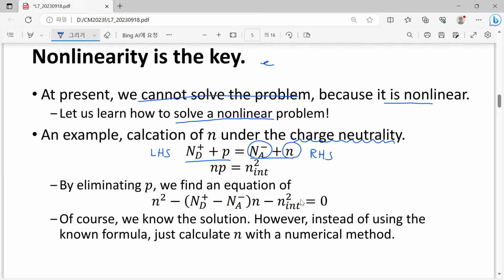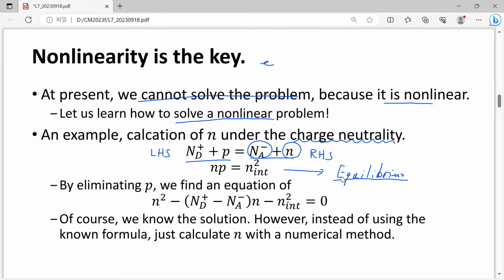Then here we have another condition which is valid only at equilibrium. But it's okay because we have already introduced this kind of approximation.